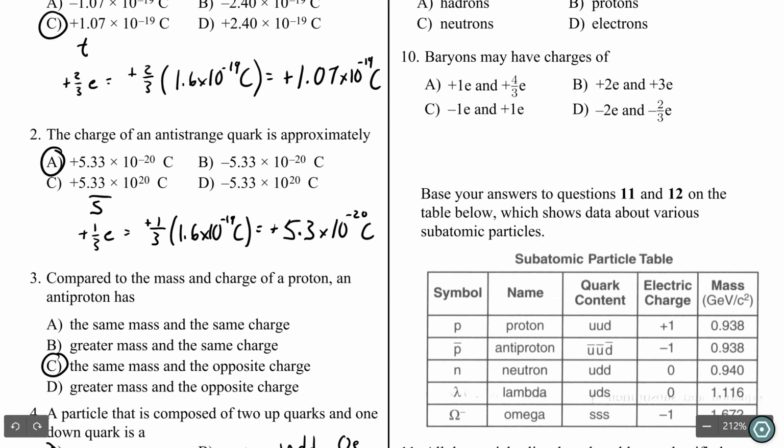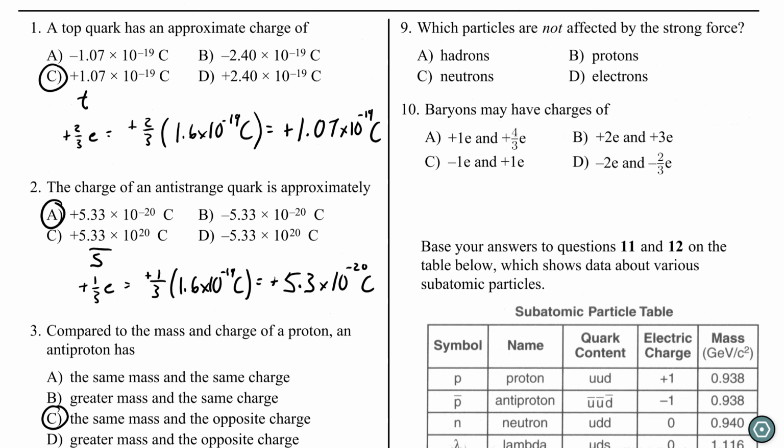Cool. Number 9. Which particles are not affected by the strong force? So we just said, in the nucleus of the atom, the protons are held together by the strong force. It overcomes the electrostatic force that they feel of repelling each other, and the neutrons are also in there being held together by the strong force.